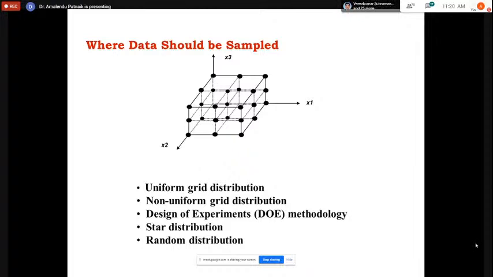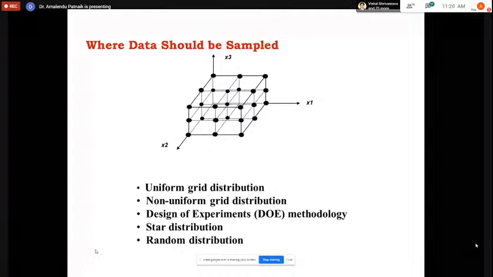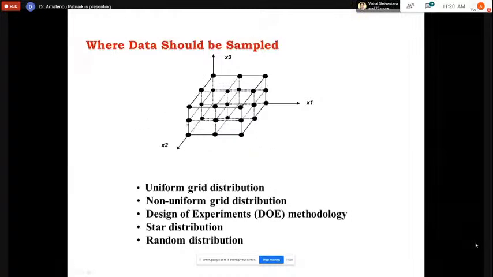So the question is, where should data be sampled? If it is a 3-dimensional problem, x1, x2, x3, better you take your sample data or training data in a uniform grid distribution.